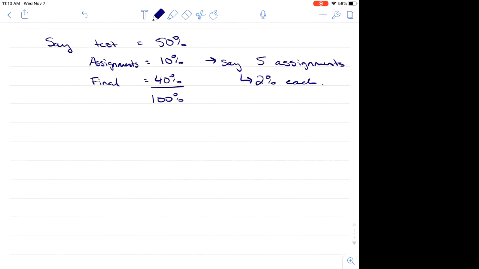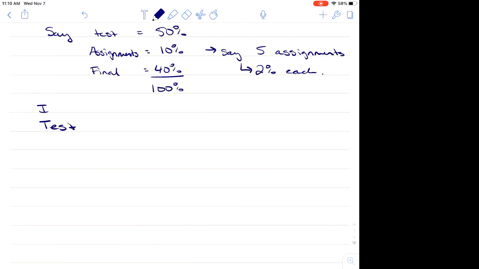So you've got your test mark. I'll just put a little header, let's call it the item, and then the grade. I do the grade as a percentage, and then the weight.